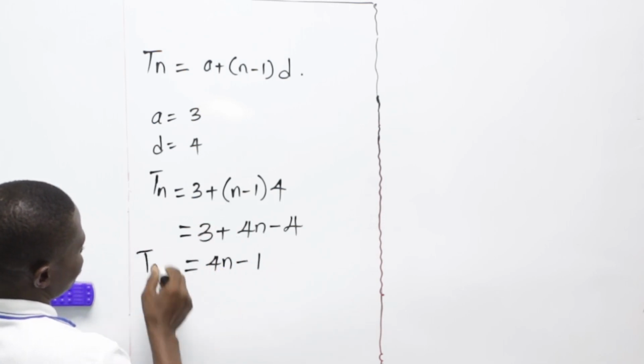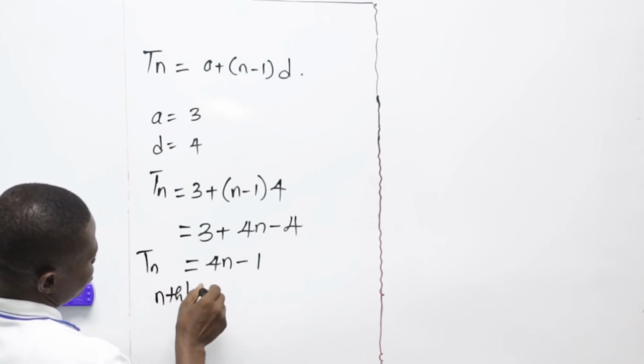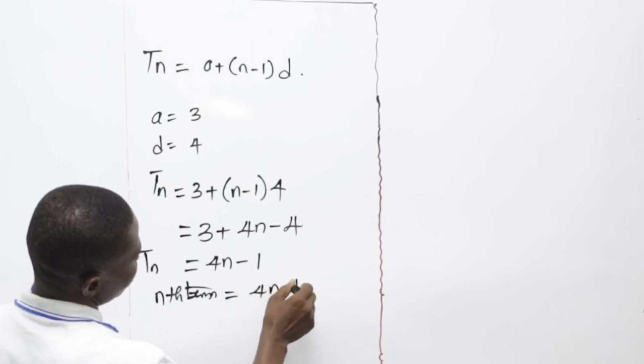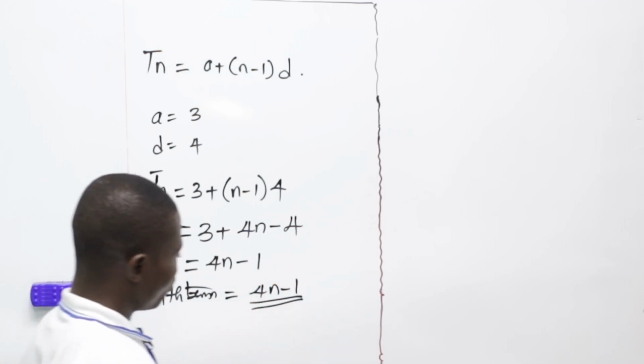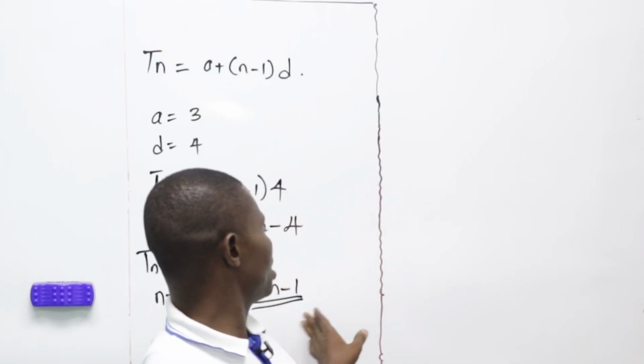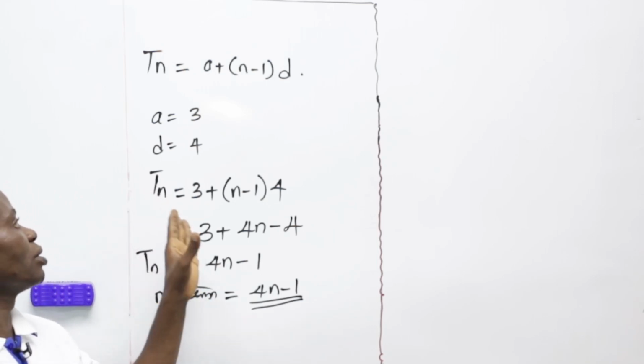So Tn, or nth term, equals 4n minus 1. We are done with this question. This is the expression for the nth term of the sequence AP.